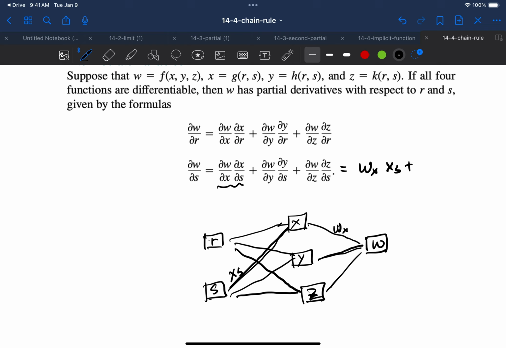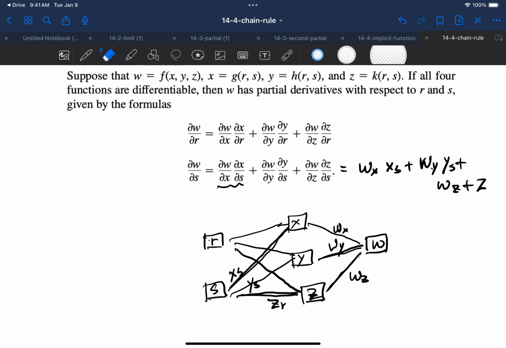Now along the second route, this is wy and this is ys. And along the third line, this is wz and zs. So wz zs.